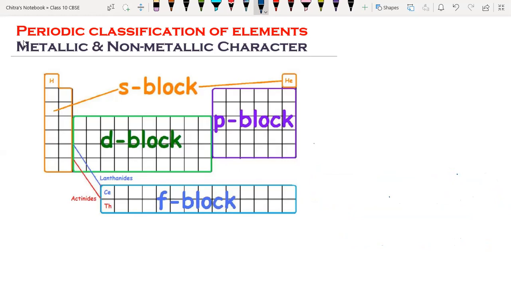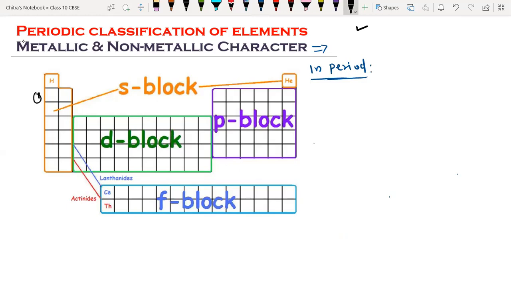So I'm writing here, metallic and non-metallic character trend in periods. What will be the trend of metallic and non-metallic character in a period? I'm just discussing the second period here, because in the first period we have only two elements, so we cannot decide on the basis of two elements only.